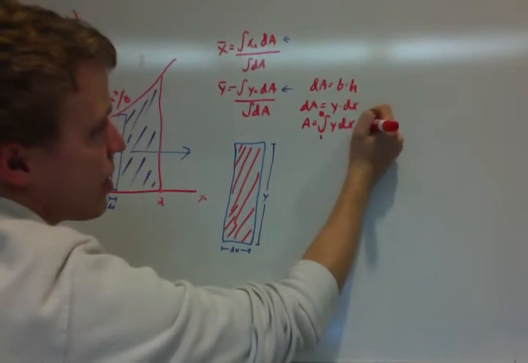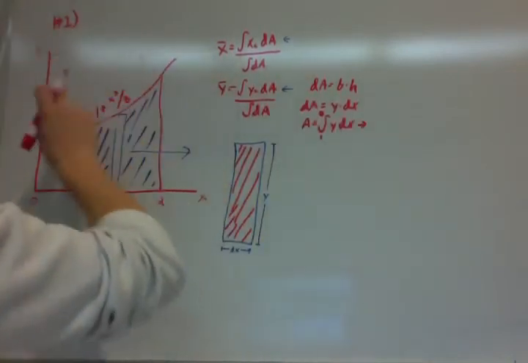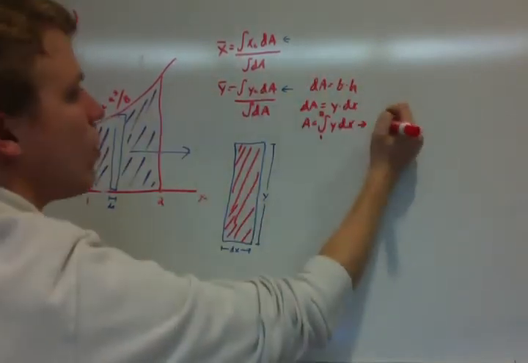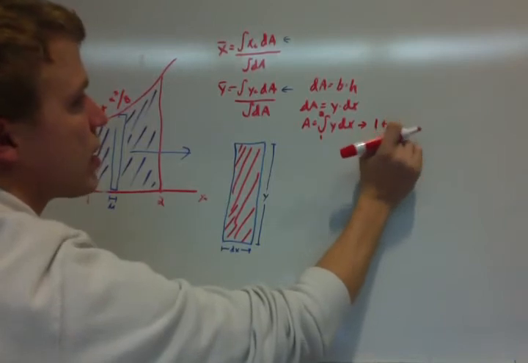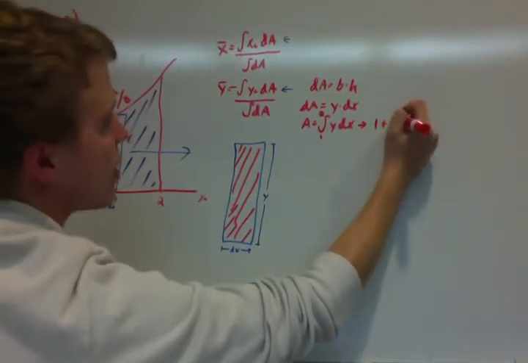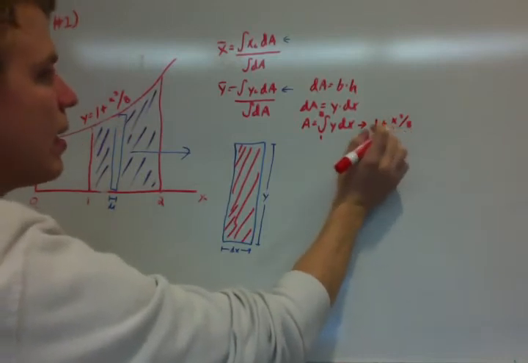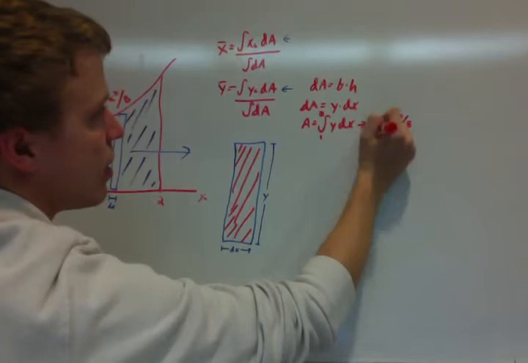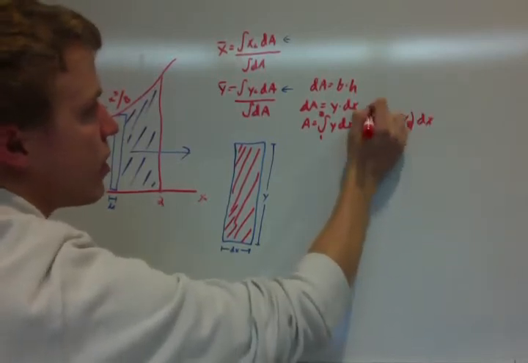So if we do this, we're going to plug in our y equation. We've got 1 plus x cubed over 8, and we're integrating this with respect to dx from 1 to 2, okay?